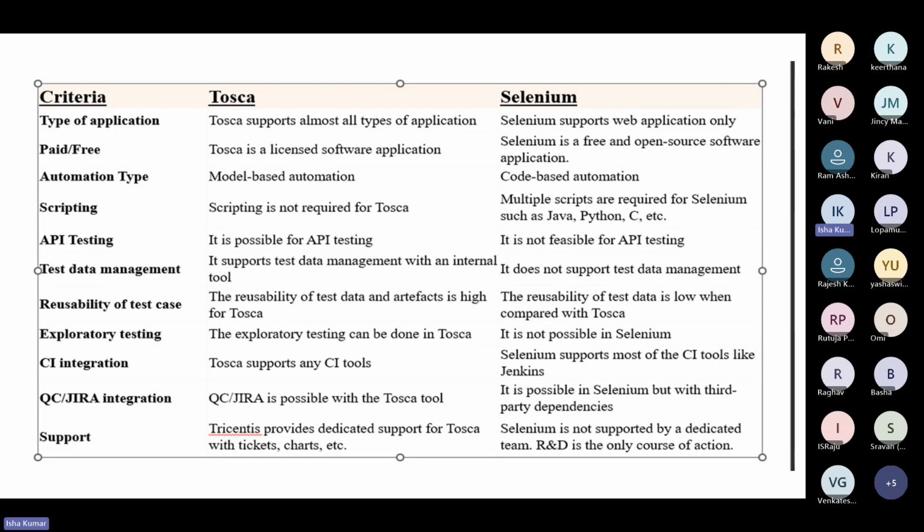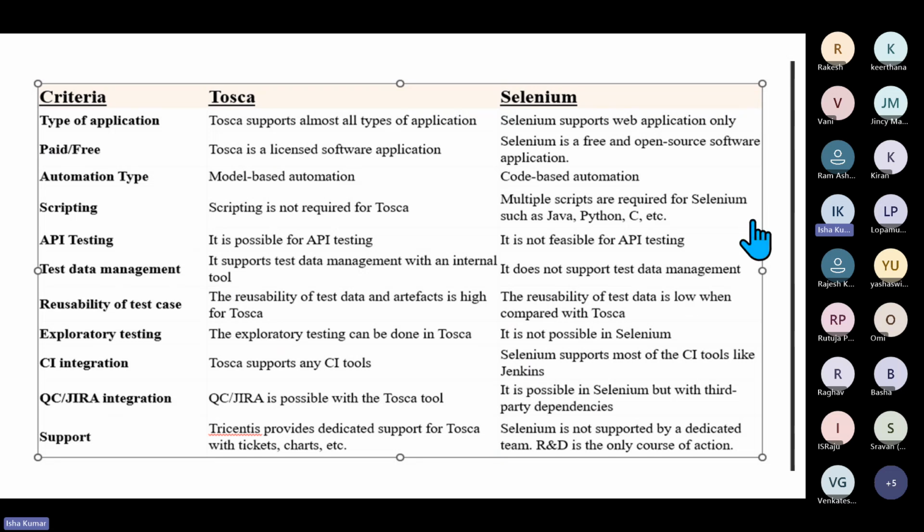If you have any issues with all these setups, you can always contact the Tricentis team. You can also log a ticket saying this is the issue I'm facing, and those Tricentis people will come back and help you out with the proper information. And this is directly from the Tricentis team.